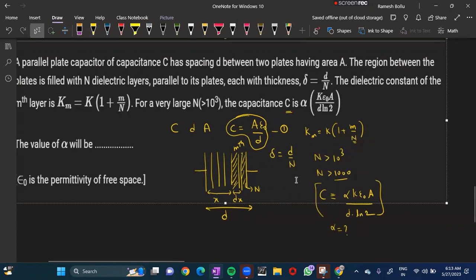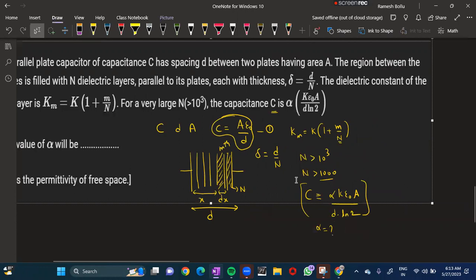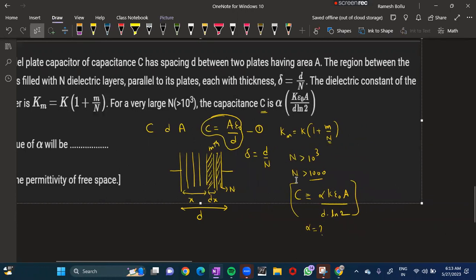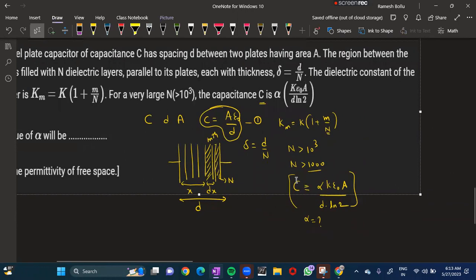So directly it is not possible. I will take one small element at a distance x meter and thickness dx meter, and find its capacitance first.